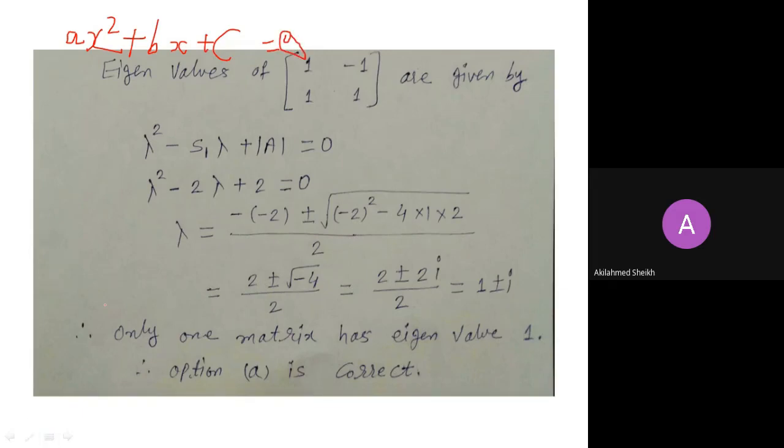Now here we have to find its roots, or we can say the values of x. So the formula is x equals minus b plus minus under root of b square minus 4ac, divided by twice a.